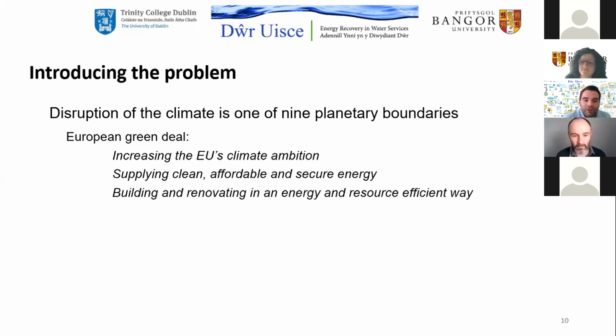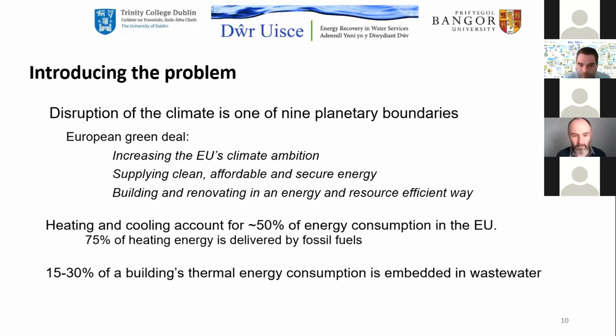And these efforts include supplying clean, affordable energy and building and renovating in an energy efficient way. Heating and cooling account for around 50% of the energy consumption in the EU. So these numbers date from when the UK was still part of the EU. And so around 75% of heating energy is still delivered by fossil fuels.